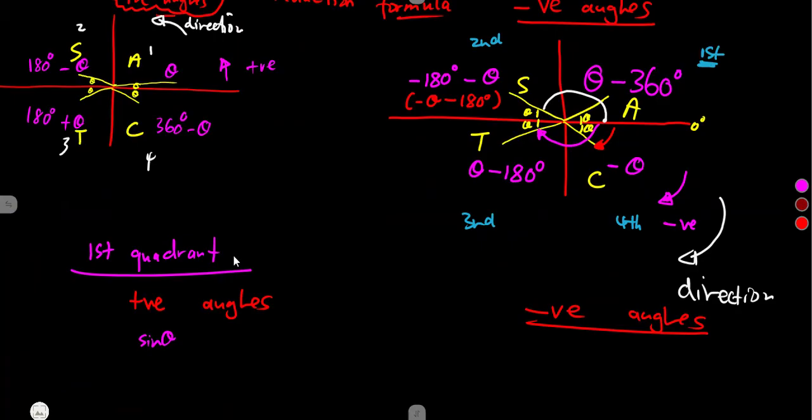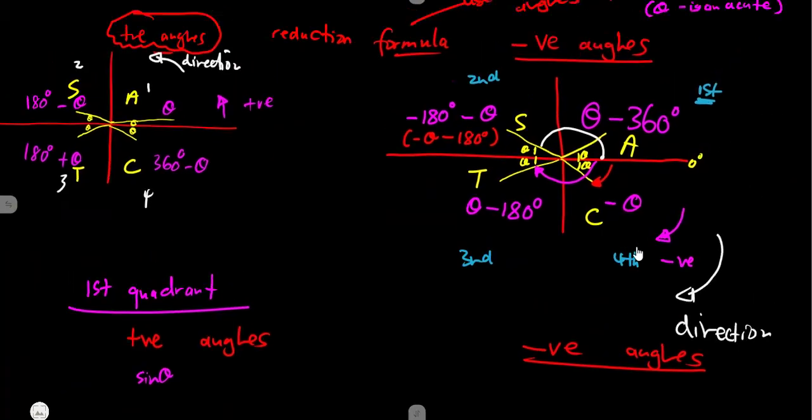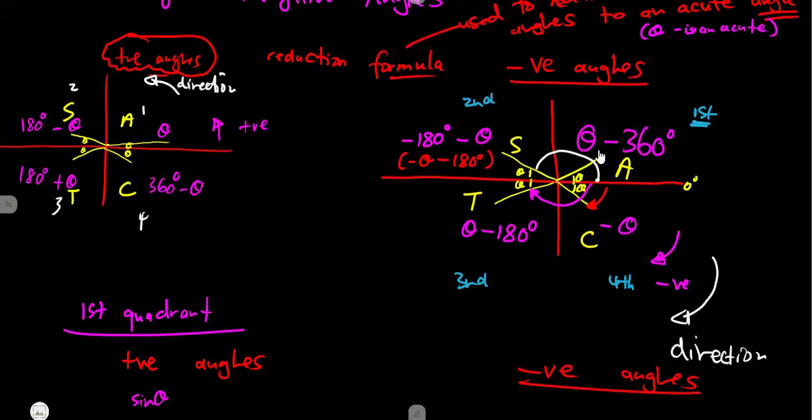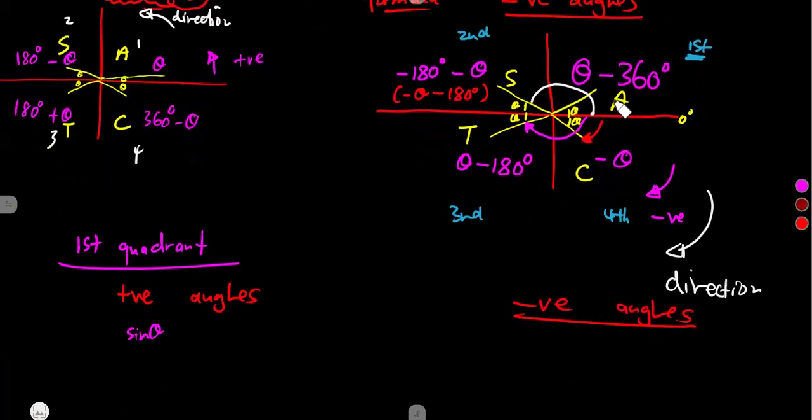We're talking about the second, third, and the fourth. But as for the negative angles, we have to reduce because it's written as theta minus 360. So it means we can reduce this part.